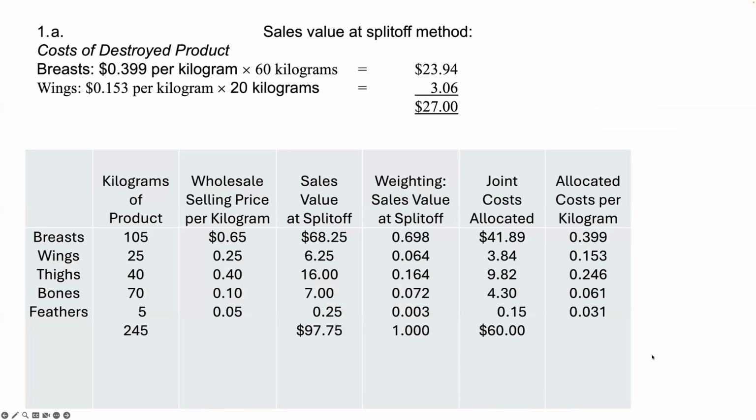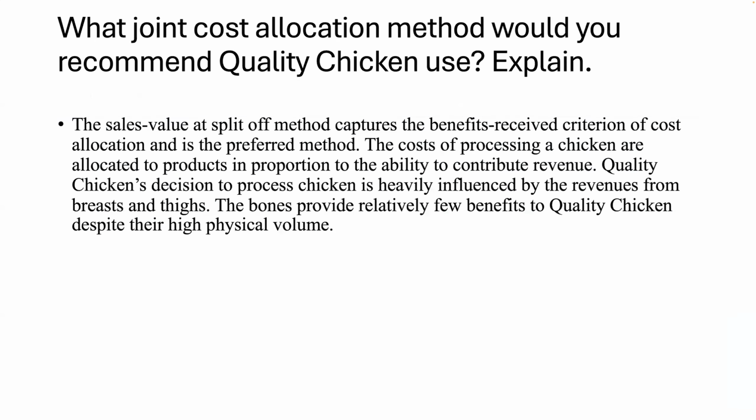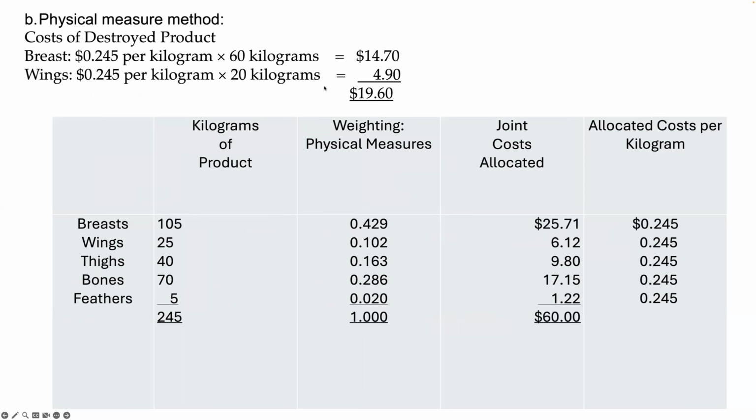Okay, so this is what happened, right? So we were given the information, the column 1, 2, right? We know what's the weight for each part at the end of the production. This is the July information. What's the weight for each part, right? And then, okay, this is B, sorry, we have to do A, yeah.